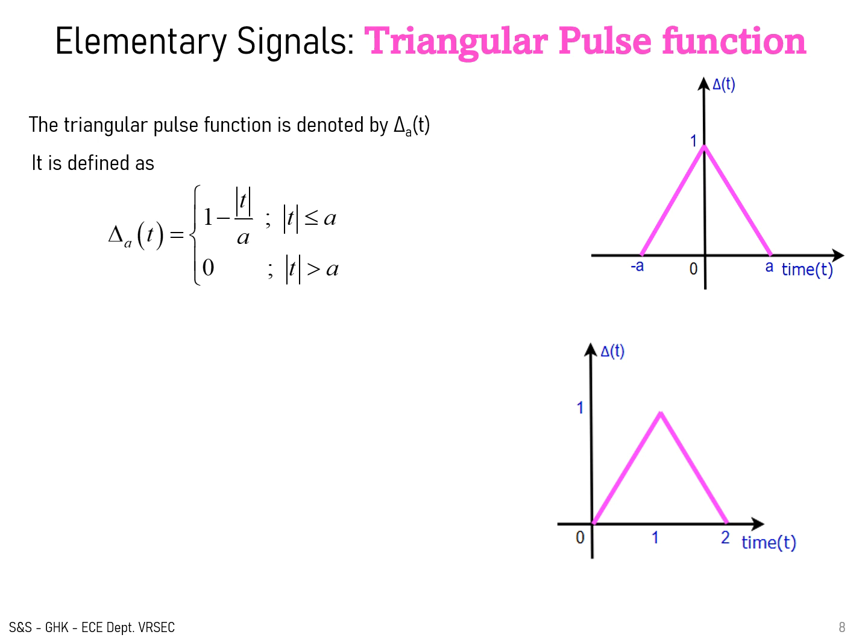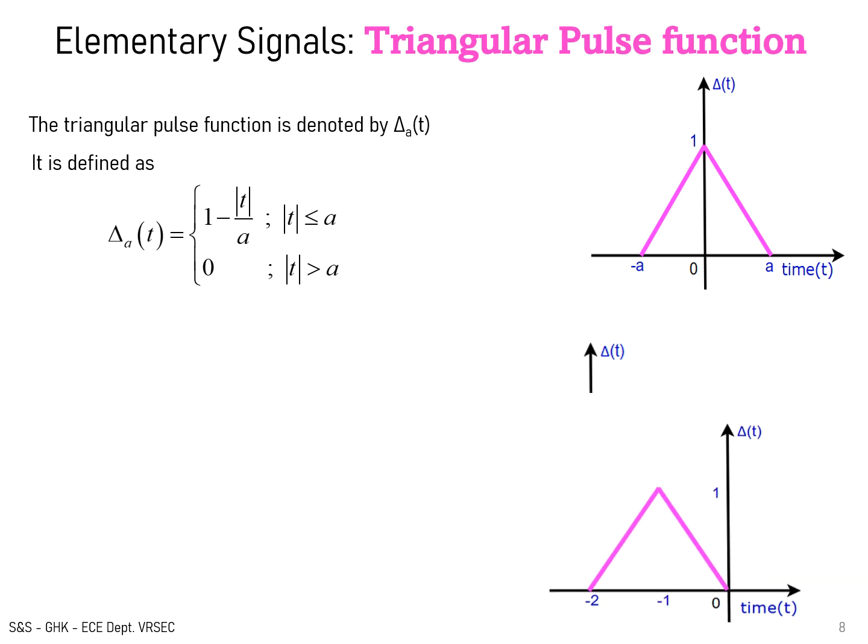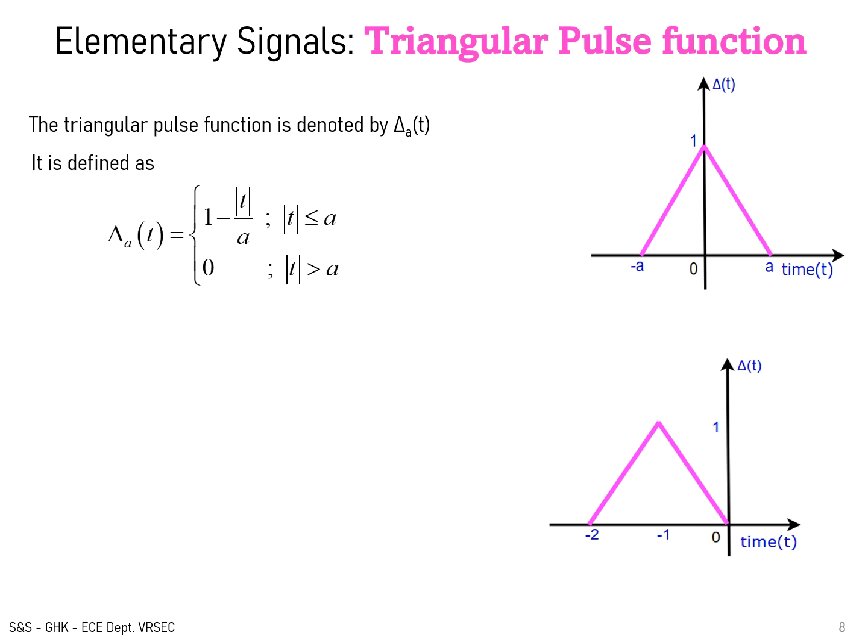Here this figure represents a right shifted unit step signal, and this one represents a left shifted triangular pulse. The functional representation of this triangular pulse can be obtained by using the line equation.